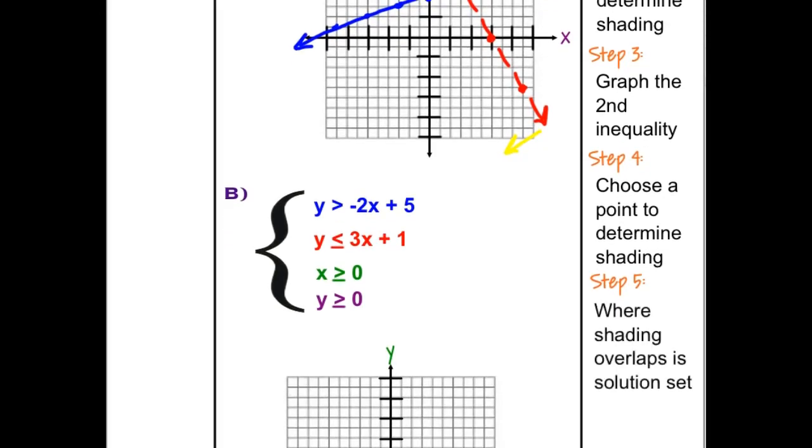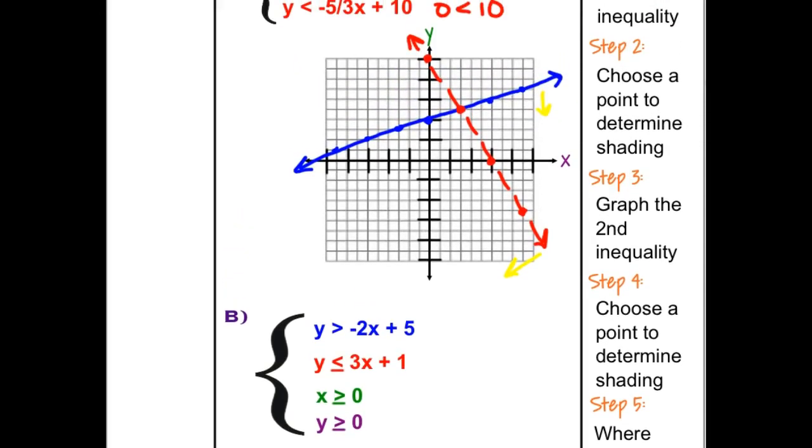So step 5 says, where shading overlaps is the solution set. So when we look here, I'm going to show you on this one with multiple shading colors just so you can see. If I shade below the blue line, that is going to be all this down here.